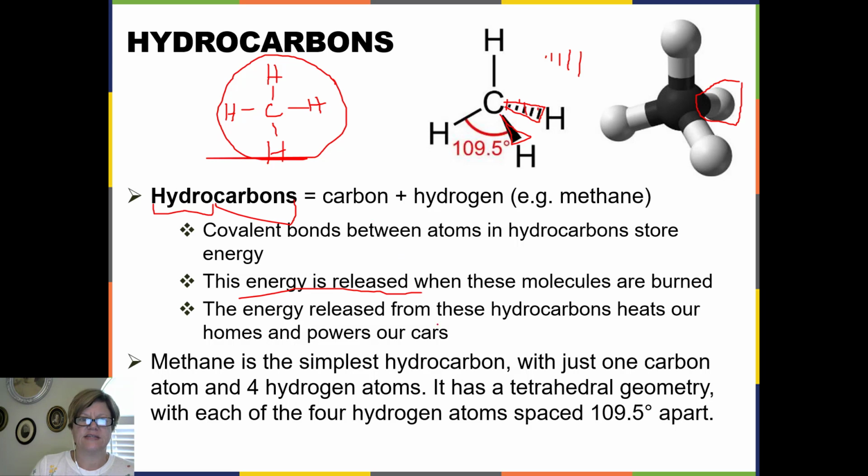Fossil fuels like gasoline and oil, these are hydrocarbons, and so when you burn them, that breaks the covalent bonds, and that releases energy in the form of heat, and actually it moves the pistons in your car, and so that's an example. When you burn hydrocarbons, what you're really doing is breaking the covalent bonds, and that releases energy to move your car or something like that. All right.